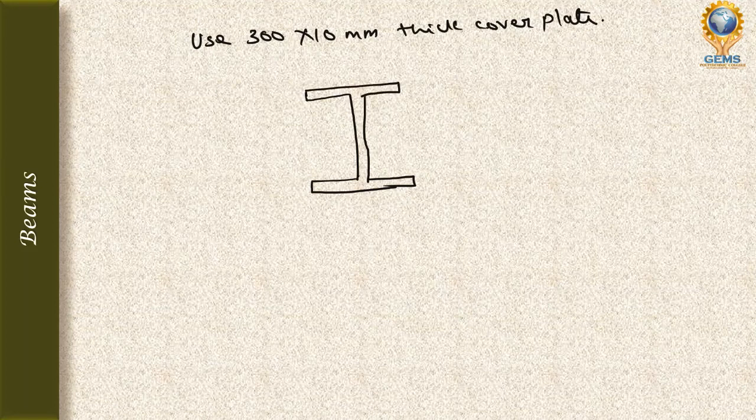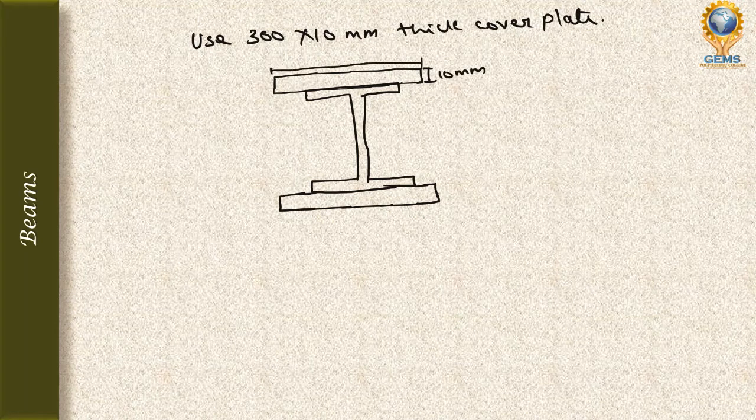So this is the angle section, and above the angle section we are going to use the cover plate on both sides. Here the thickness is 10 mm and the width is 300 mm.